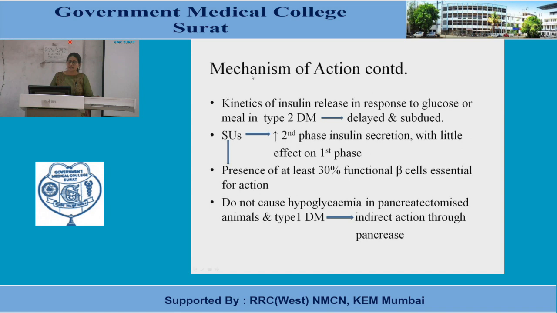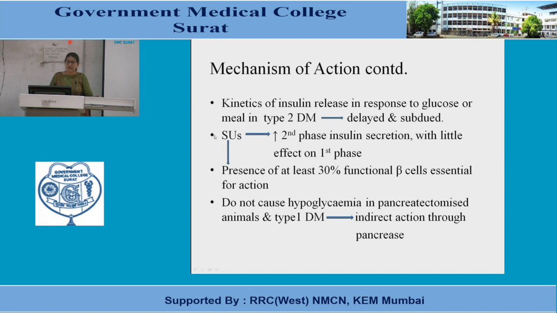That is the kinetics of insulin release. That is the speed with which the insulin is released in normal people like me and you. When we have a meal or you take a glucose drink, there will be adequate release of insulin which will take care of the glucose. But in type 2 diabetes mellitus, this is delayed or subdued, less.